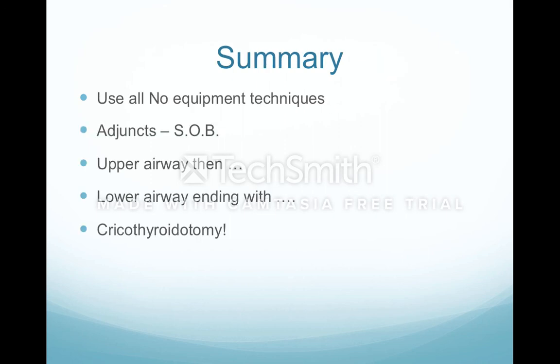So in summary, you want to use all the no equipment techniques for patients. So that's clearing the airway, that's checking the position, so whether you're doing a jaw thrust or a head chin tilt, and providing accessory ventilation by giving breaths.